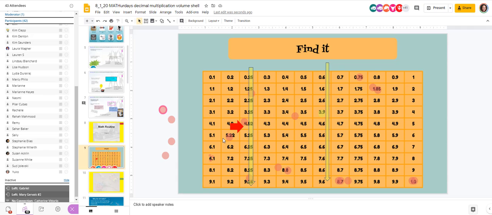So I'm looking across the top and I started looking for a pattern and I noticed that it's counting by tenths, but then after the 2/10, it went to 2500ths.